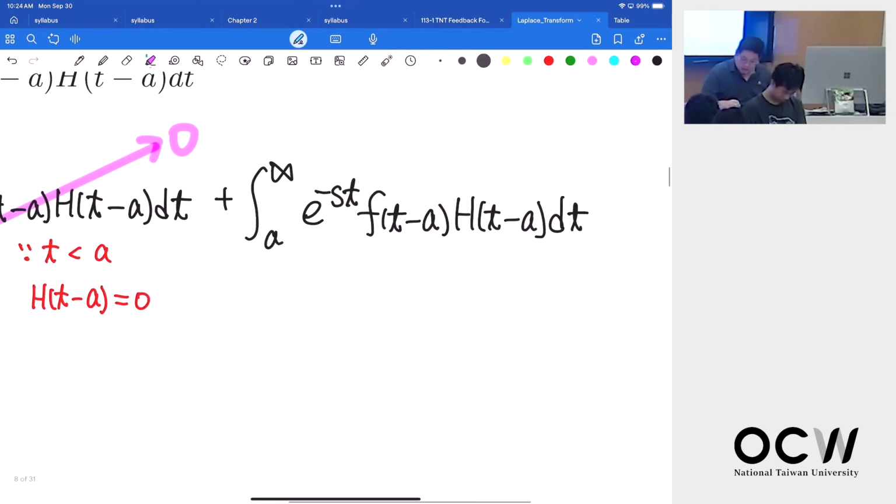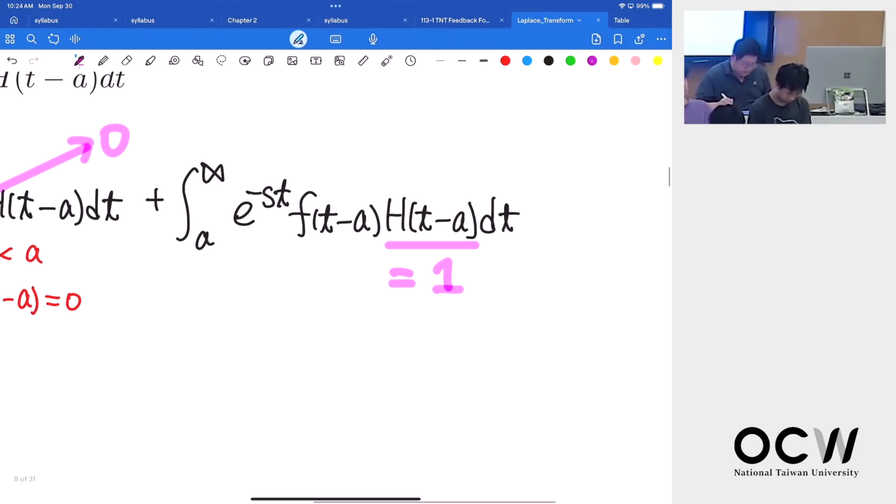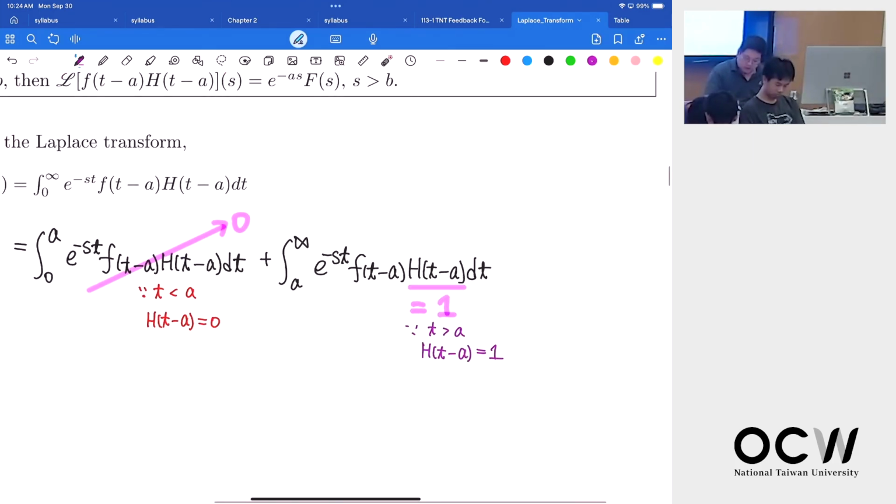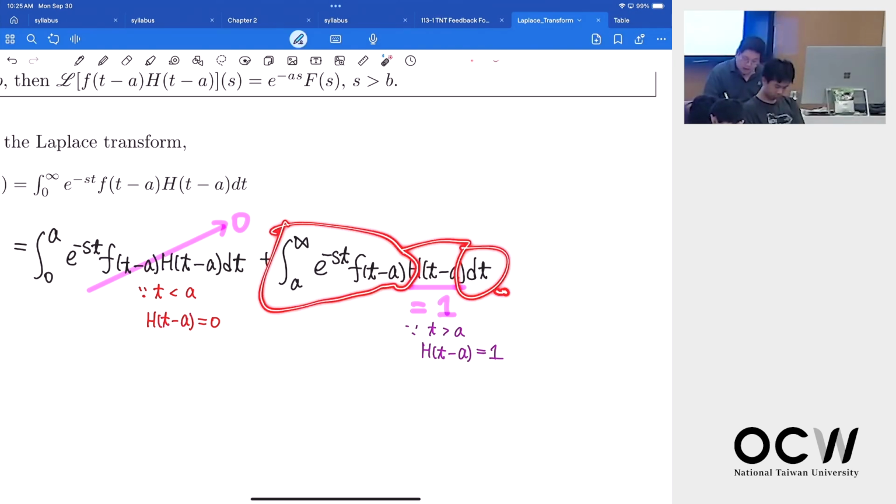And how about the second part? In the second part, this is 1, because when t is greater than a, this shifted Heaviside function is 1. So I only have this part, and I need to take the integration.